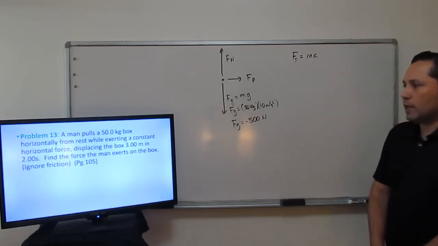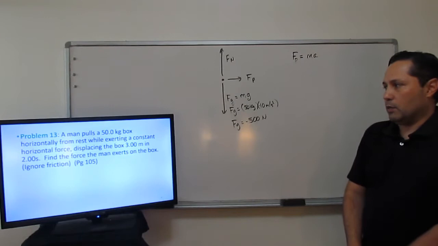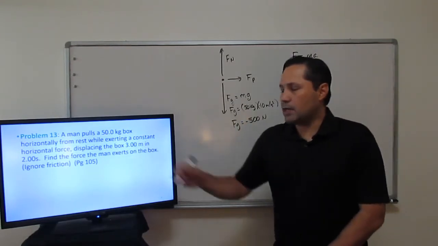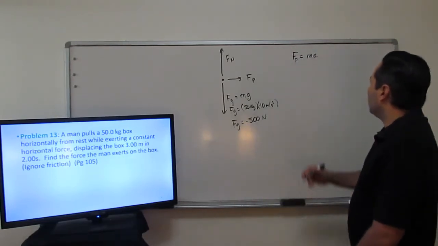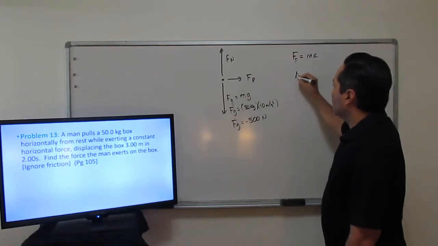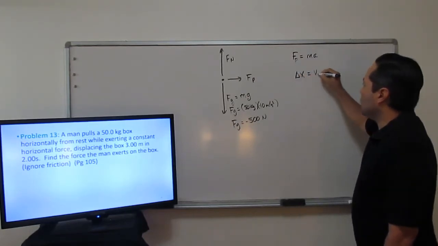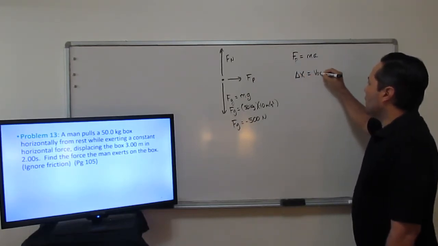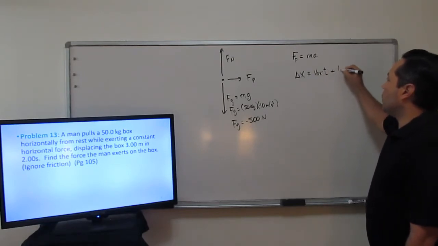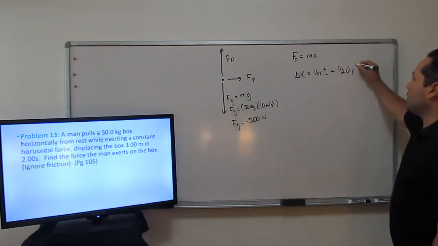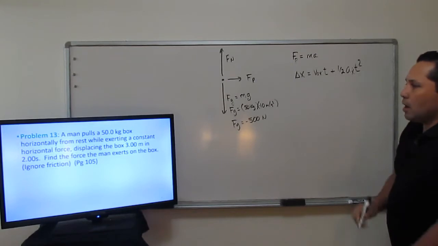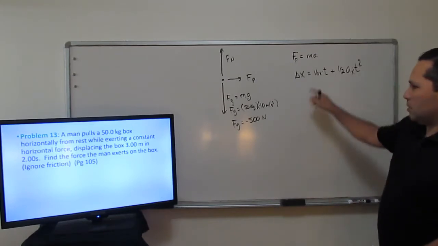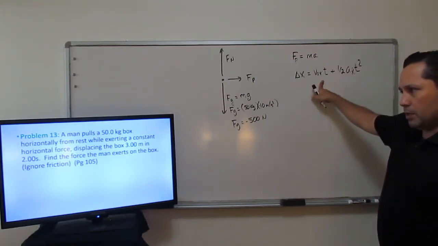Alright, so to get the acceleration, we've got the displacement and the time. So we're going to go ahead and use the formula we used earlier. Displacement is equal to velocity initial on the x-axis times time plus 1/2 acceleration on the x-axis times time squared. Let me see, does it say it?